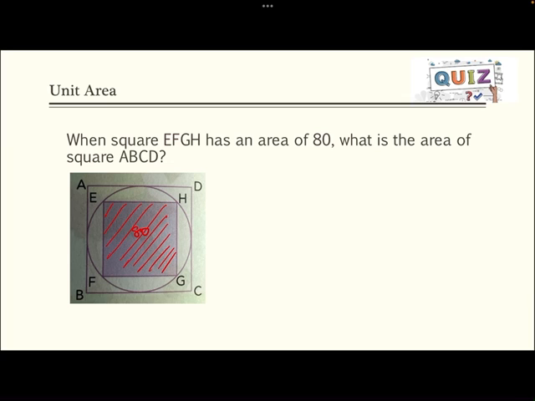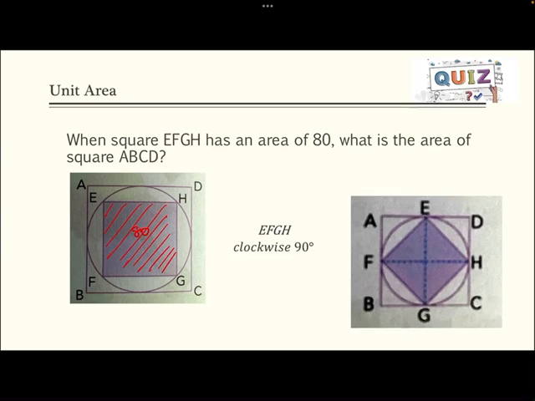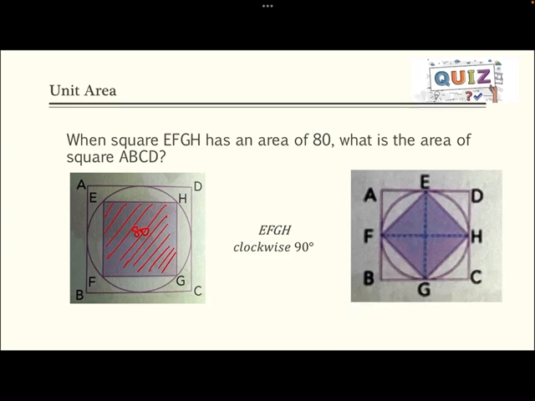How can we set up the relationship between the inner one and the outer one by cutting them into identical small unit areas? Similar to the previous one, we can think about rotating the small square inside clockwise 90 degrees. Then that is what we're going to get. We further cut diagonally with 2 perpendicular lines.